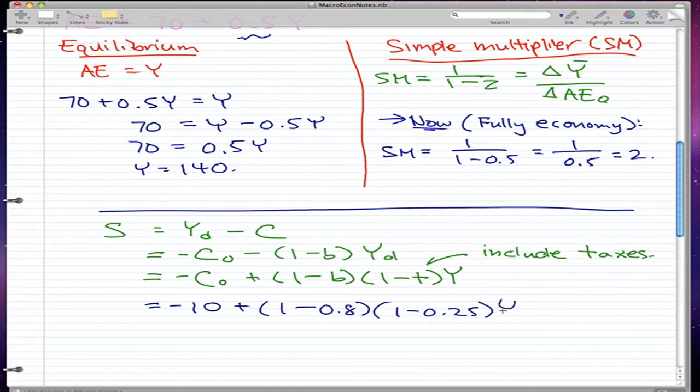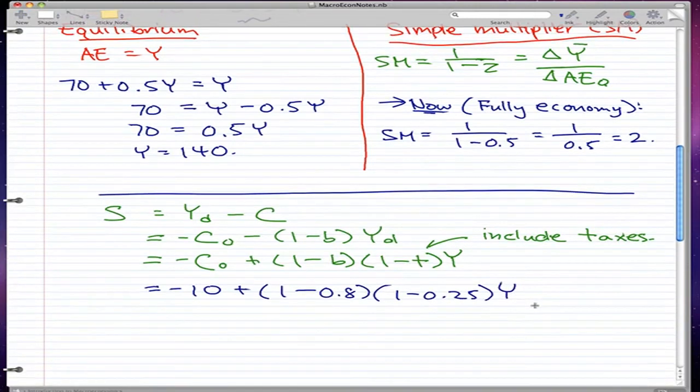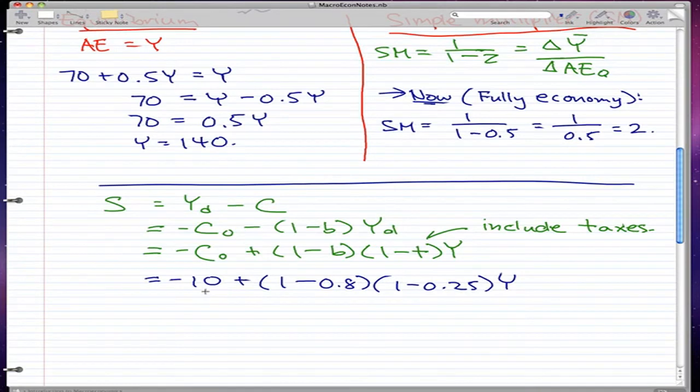Feel free to pause the video and try the example by yourself. It's pretty helpful for learning the material. And all this now is simple math: minus 10 plus 0.2 times 0.75 times Y.